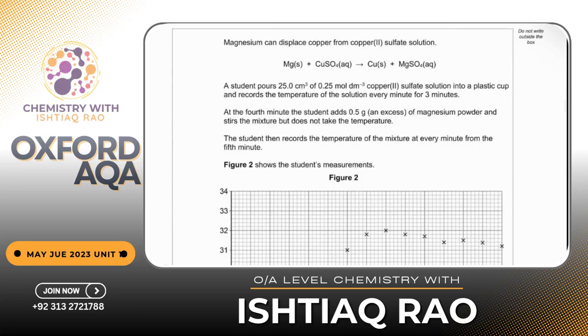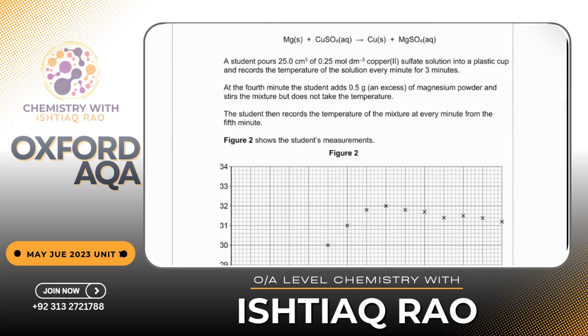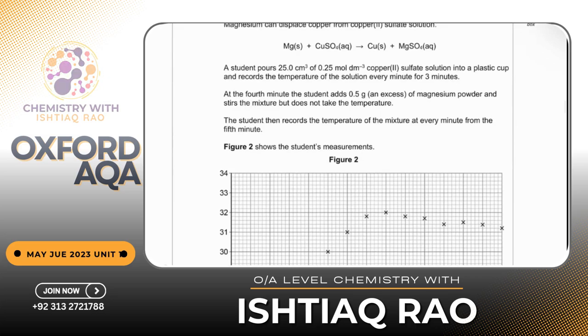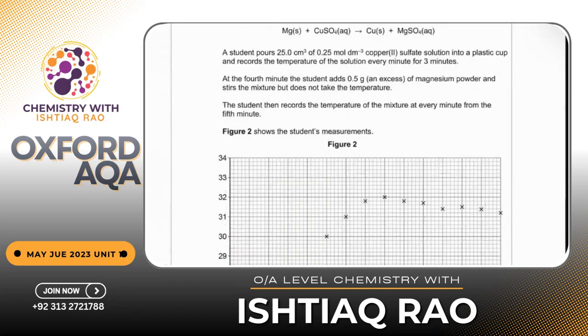Magnesium can displace copper from copper sulfate solution because magnesium is more reactive, of course. A student pours 25 centimeter cube of 0.25 mole per dm cube copper sulfate solution into a plastic cup and records the temperature of the solution every minute for 3 minutes.